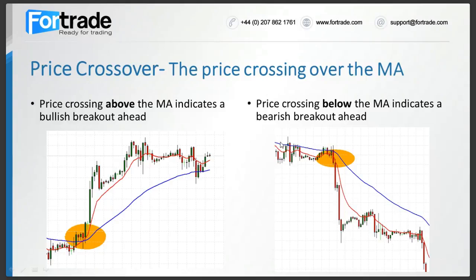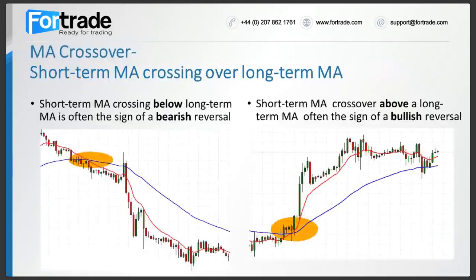So here is a situation where the price is actually crossing below the moving average, and this indicates the bearish breakout ahead. Again, the better signal is with this longer moving average. So this is crossover with price and moving average.